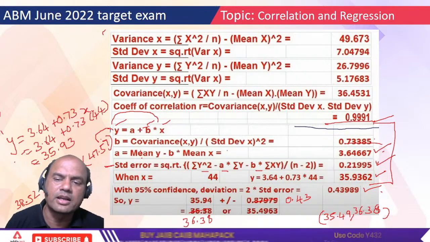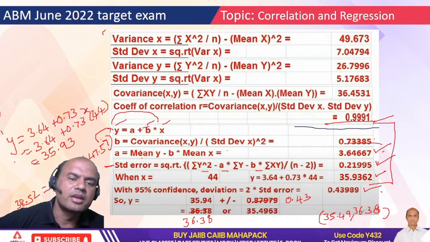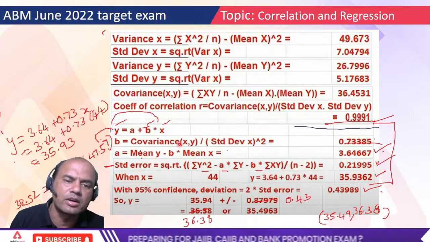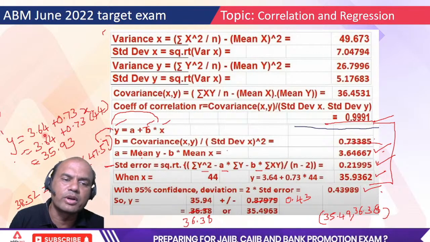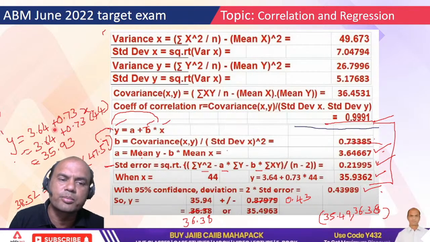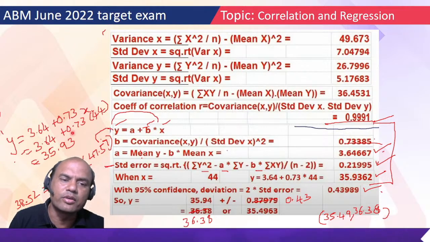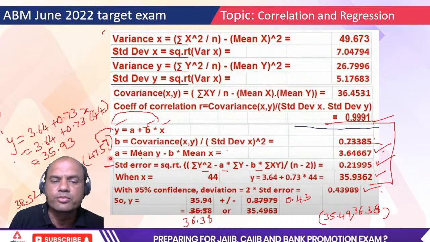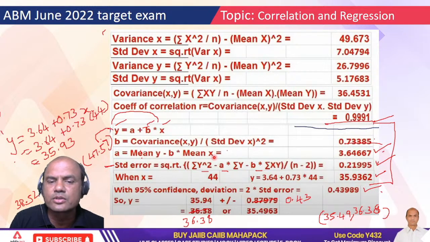Everyone should get the answer. So if you have got the answer, it means your regression line is solved. Y equals 3.64 plus 0.73 into x. This is the regression line. So the first part of the second case study is over.